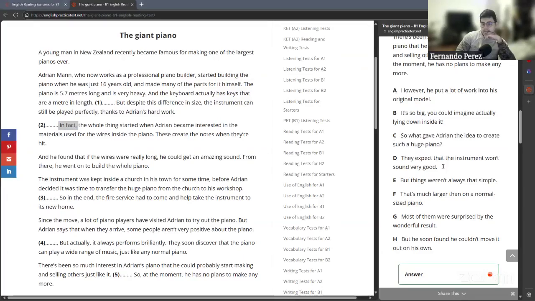They expected the instrument wasn't sound very good, no option, but things weren't always that simple. That's much larger than a normal piano. Most of them were surprised by the wonderful results. I think the only option is this one. But he soon found he couldn't move it out on his own. We are not talking about moving it.